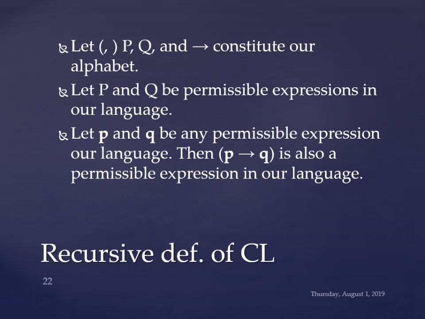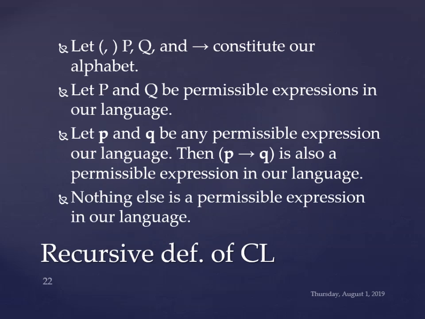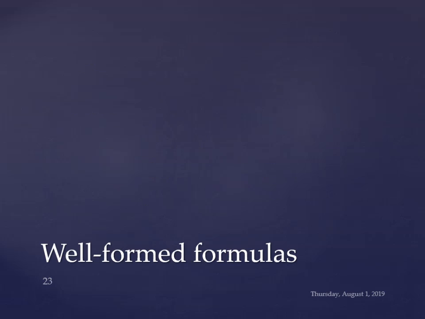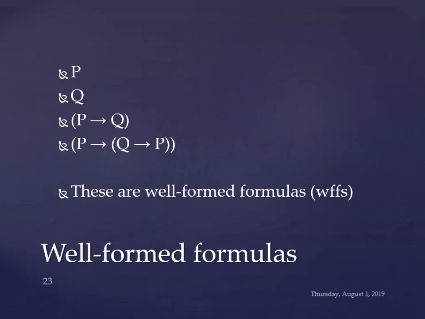And then last but not least, nothing else is a permissible expression of our language. Permissible expressions of our language are called well-formed formulas. So here are some examples: P, Q, P arrow Q, P arrow Q arrow P. These follow the rules of the recursive definition and therefore are called well-formed formulas.